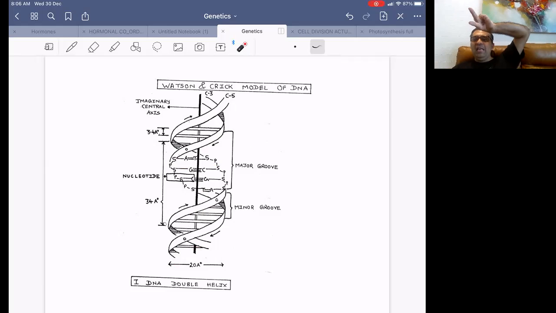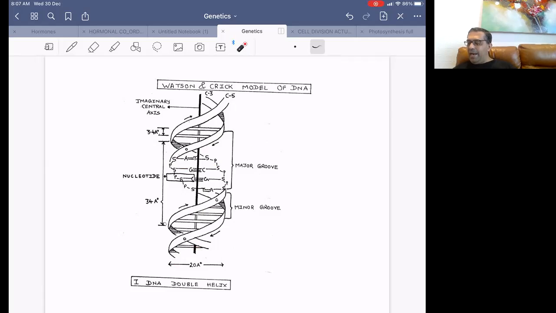So once again, what is the space between two strands called? Minor groove. And space in one double helix is called major groove.